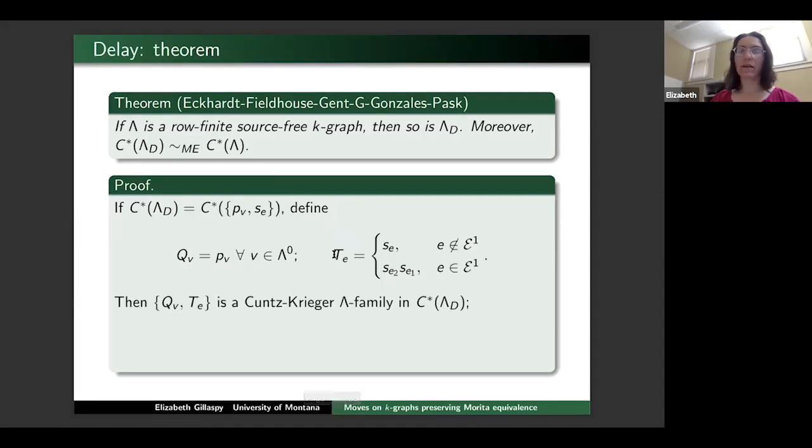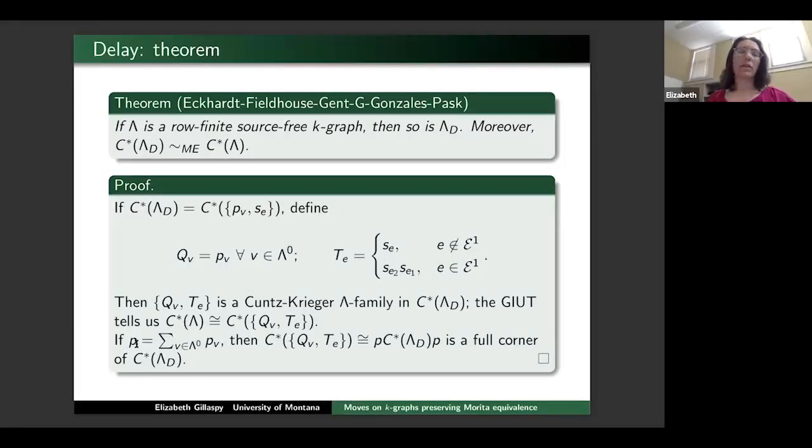Okay. So you check that this gives you a Cuntz-Krieger lambda family in C-star lambda D. So we've got a star homomorphism then from C-star lambda into C-star lambda D. And we use the gauge invariant uniqueness theorem to tell us that C-star lambda is actually isomorphic to the image of this star homomorphism.